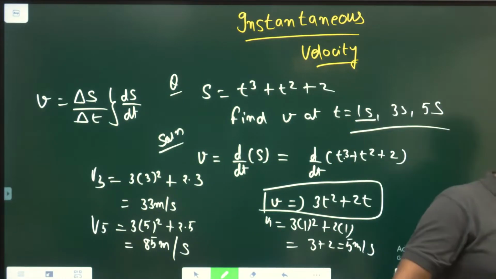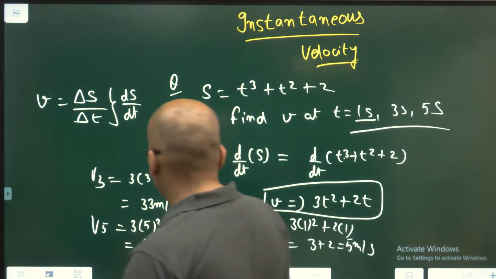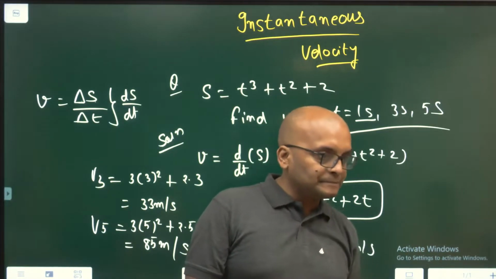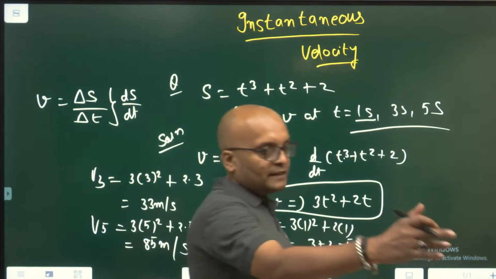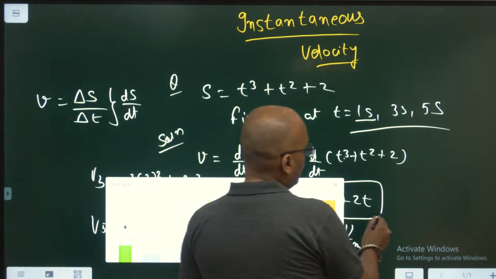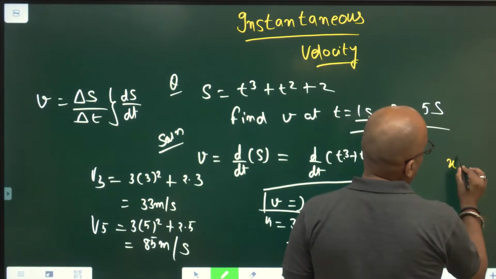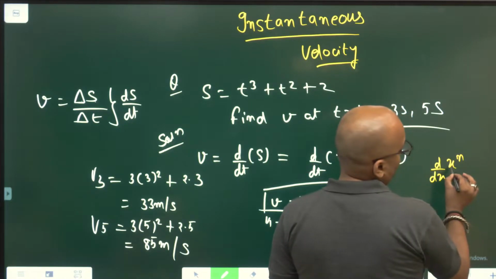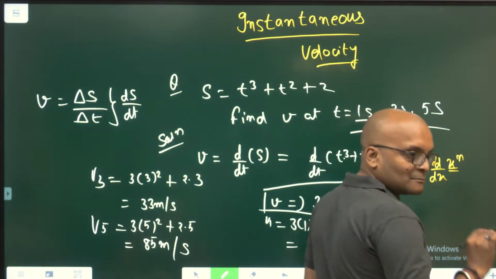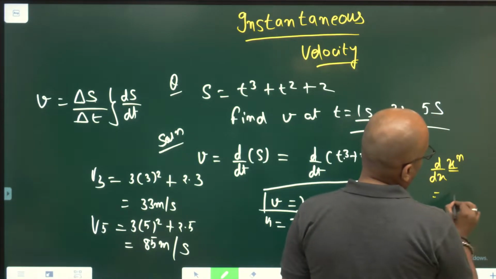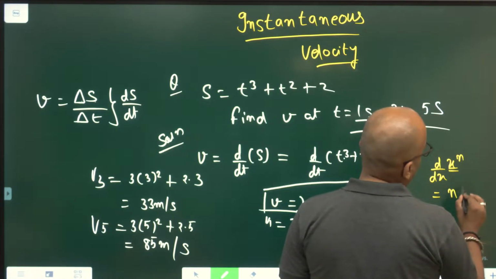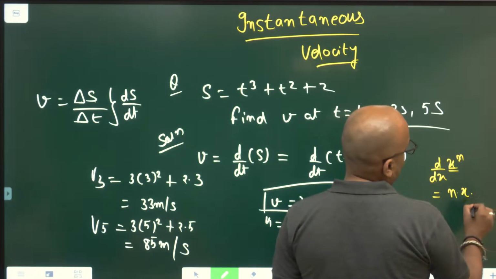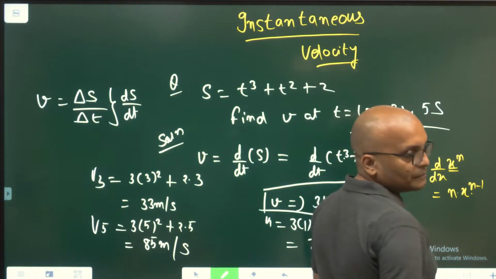So I hope this is clear to you, very easy. Is it clear here? See, look here. If you want to differentiate x to the power n with respect to x, differentiating the variable with respect to the same variable, it is the first formula of differentiation. N is the power. Write the power multiplied with x to the power n minus 1.